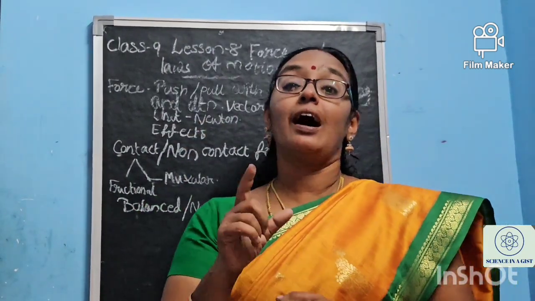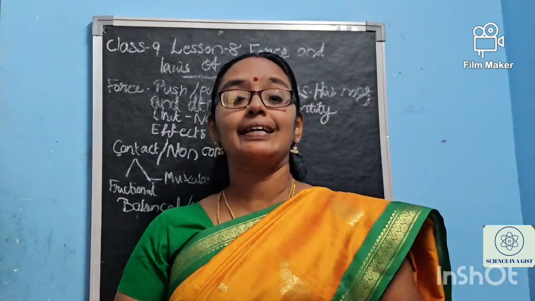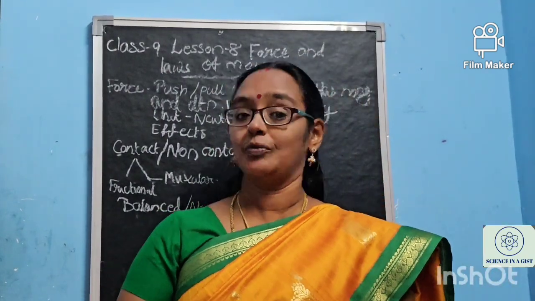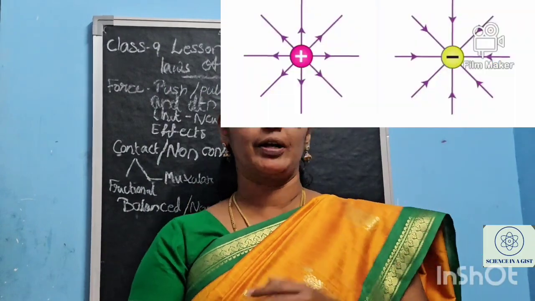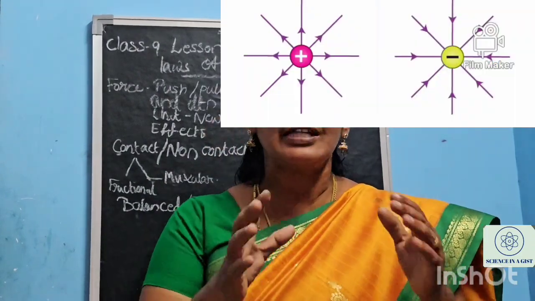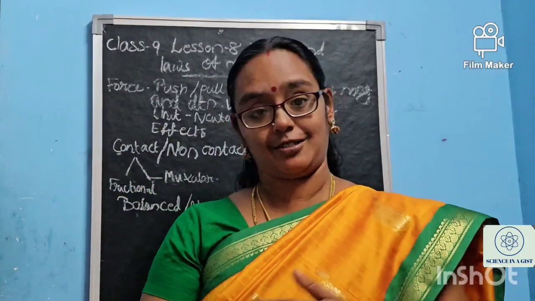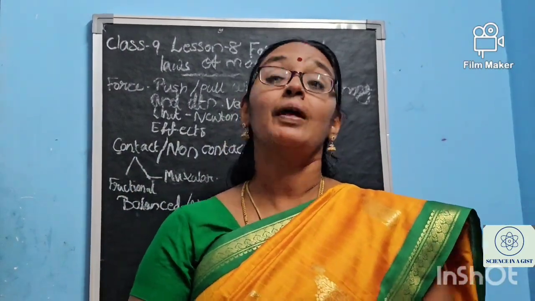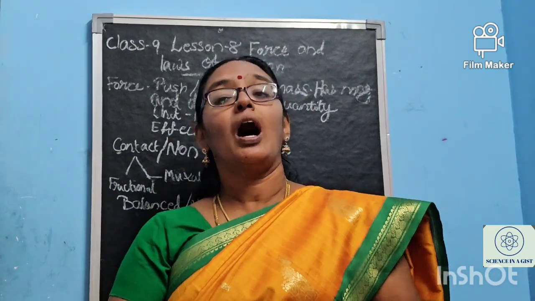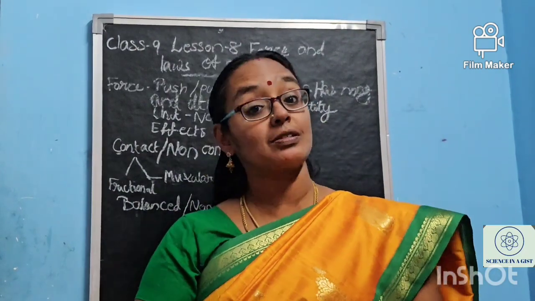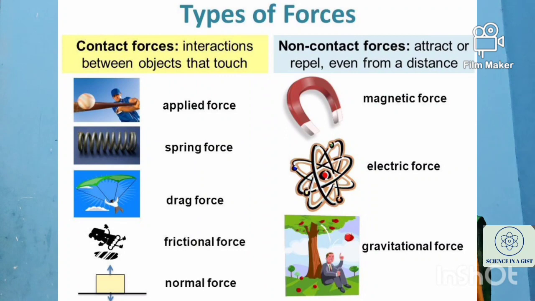Magnetic force is a non-contact force. Like that, electrostatic force is the third one. It is also a non-contact force. These forces need not be in touch with the objects to act. These forces are called what? Non-contact forces. So how many types of forces are there? Two types, contact force and non-contact force, and we have seen the examples also.